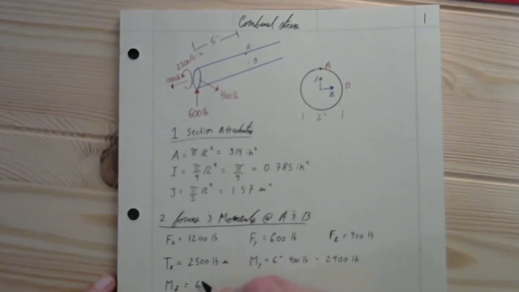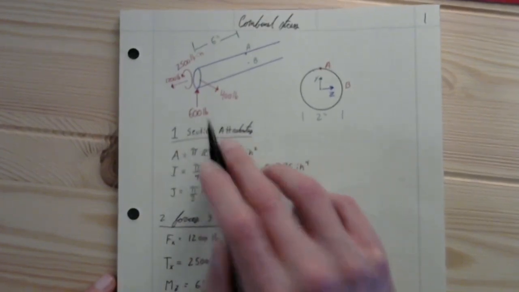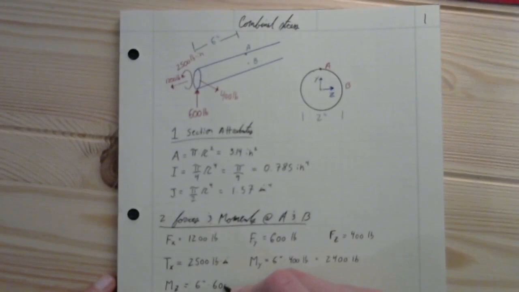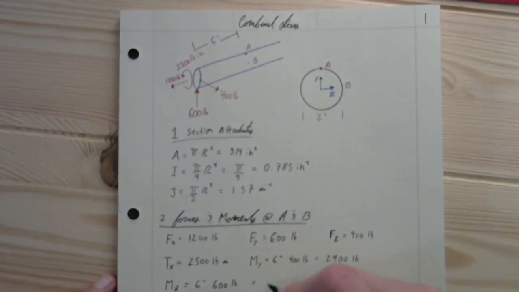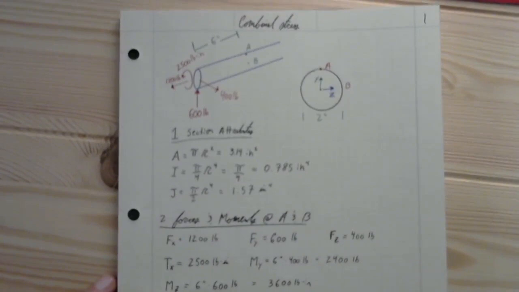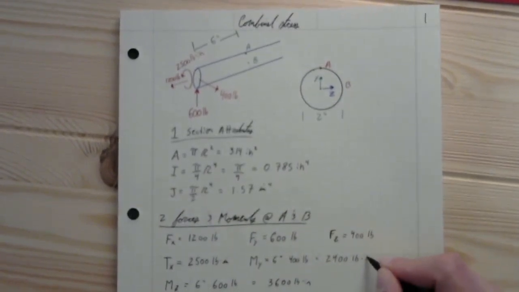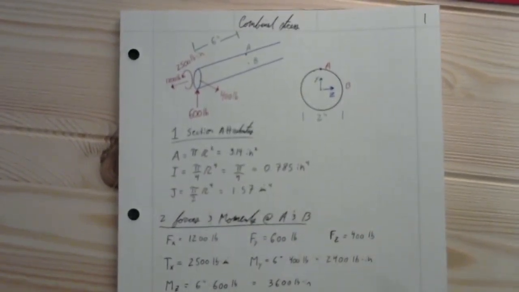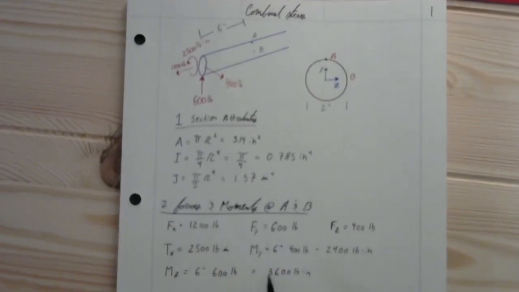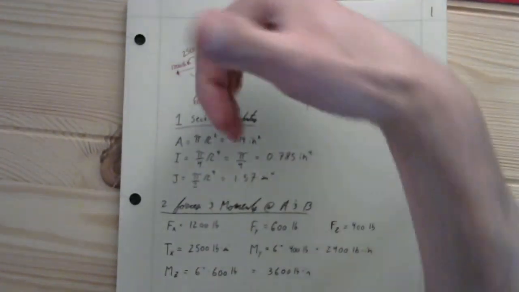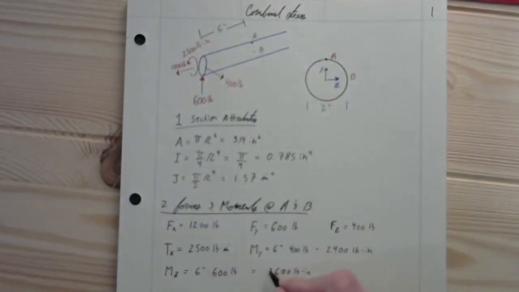The lever arm in the x direction is still 6 inches, but now we're multiplying it by this 600 pounds right here, which is going to give us 3,600 pound-inches. That one should have inches too. Let's check which direction that is going to be. Looks like that's going to be negative. How about that?